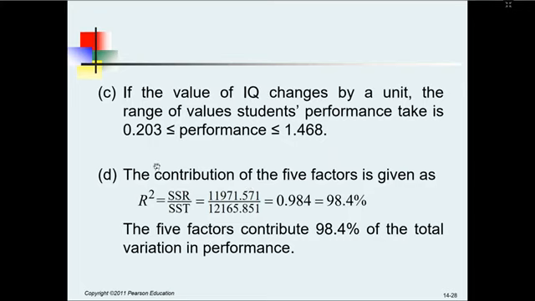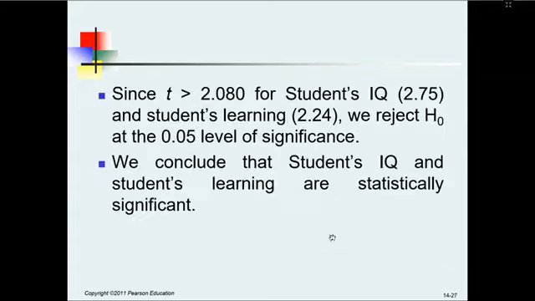I told you that you can also use SSR over SST, which will also give you 98.4%. Either find the R squared or use SSR divided by SST, as I've done in the solution. So the 5 factors contribute about 98.4% of the total variation in performance.